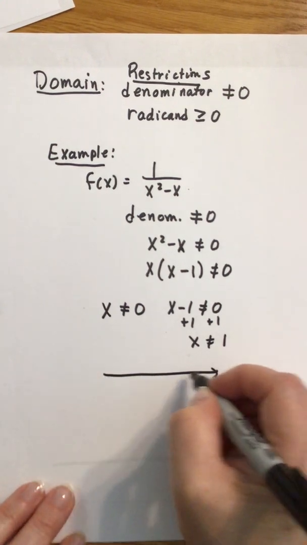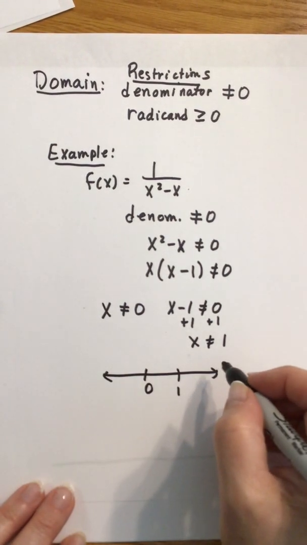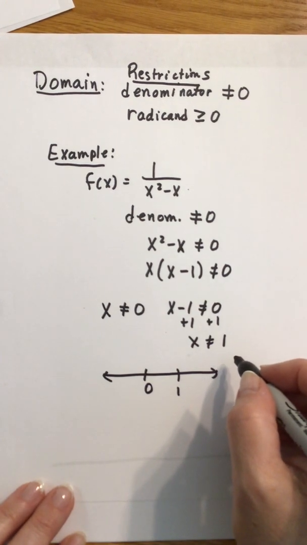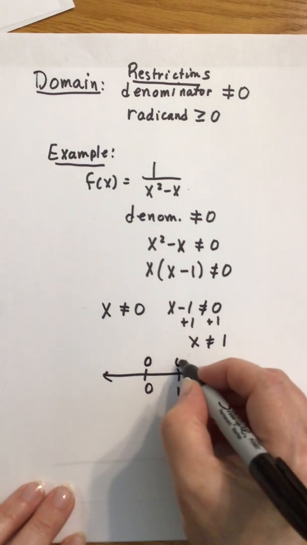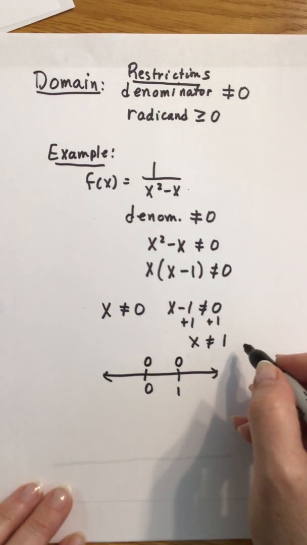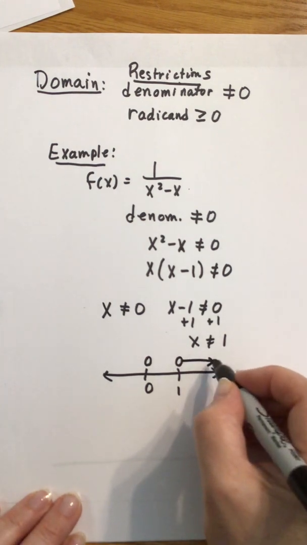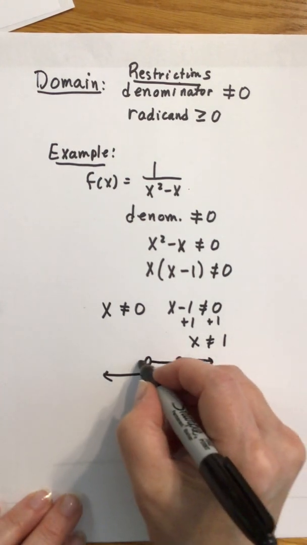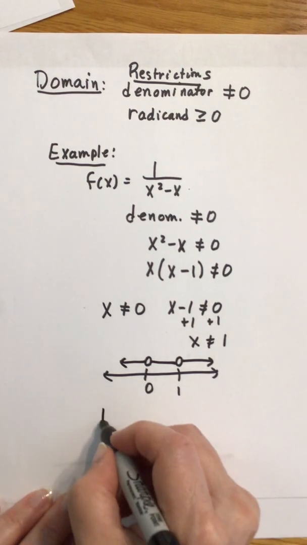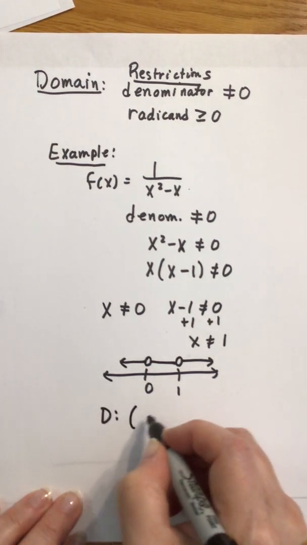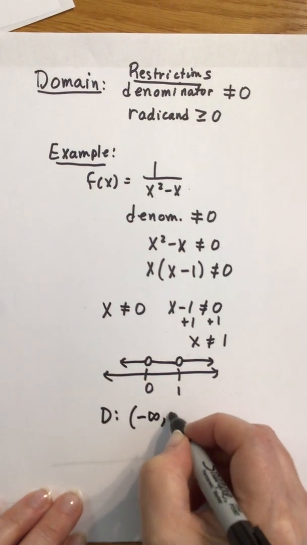So how do I put that on a graph? I have a 0 and I have a 1. If it cannot be those things, what do I have to do? Well, I have to put an open circle on the number line to show that those are not part of the domain. So the rest of the number line is going to be our domain. So how do we write that? We write it in interval notation. Domain is, this way forever would be negative infinity to 0.